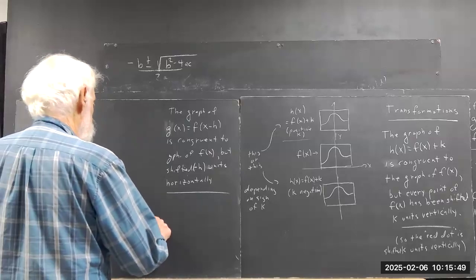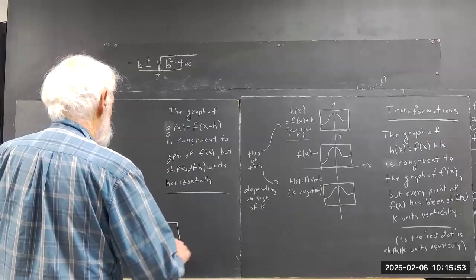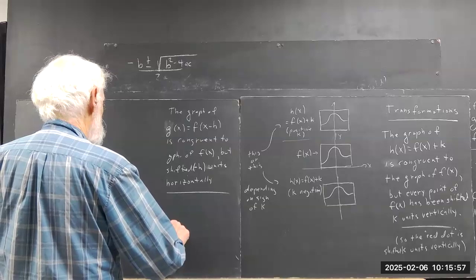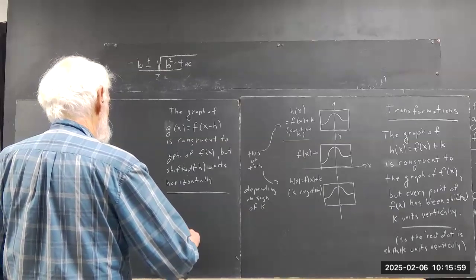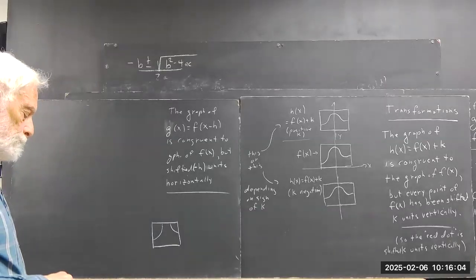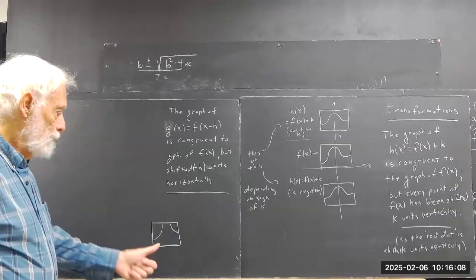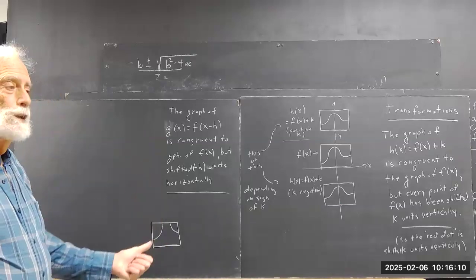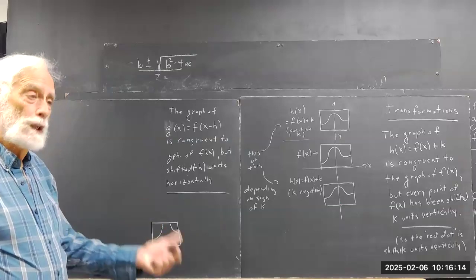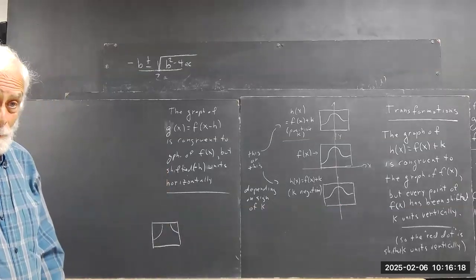So if my graph of f of x is here, let's say that's my graph of f of x, okay? Because you're perfectly familiar with the idea that the graph could escape any window, the window you happen to use, in other words, up through the top or the bottom, right?